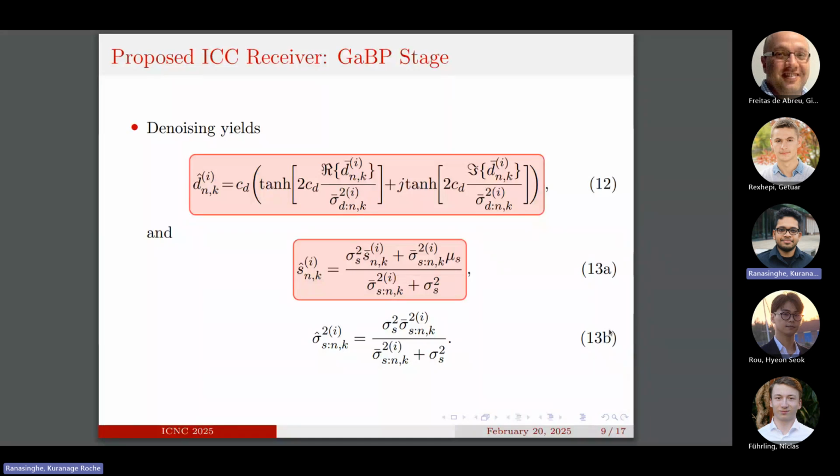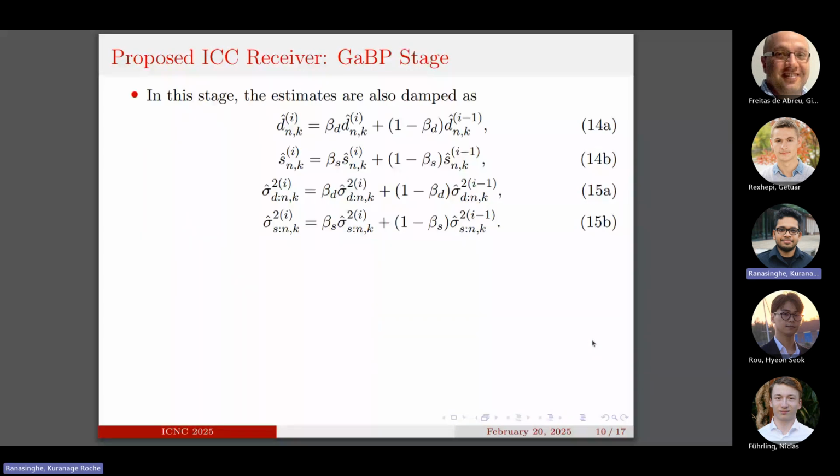And for the data, we can also assume for now, without loss of generality, that they come from some Gaussian distribution, and use a typical Gaussian denoiser with the corresponding variance as calculated in equation 13. We can also incorporate a damping procedure here, which is summarized as seen in the slide.